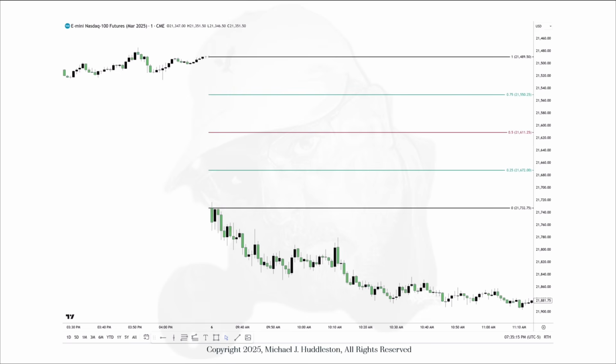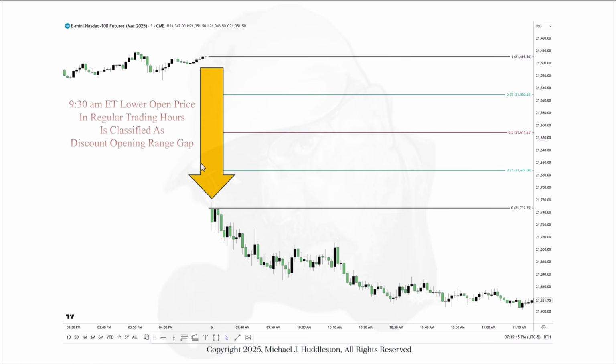Obviously, when the market shows a lower gap opening using the same parameters at 4:14 p.m. and we open down at 9:30 Eastern time the following day, again using the regular trading hours, this lower gap opening, if that lower opening price in regular trading hours is appearing, then that is classified as a discount opening range gap.